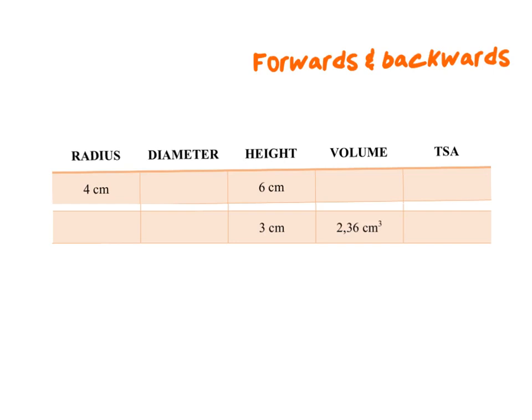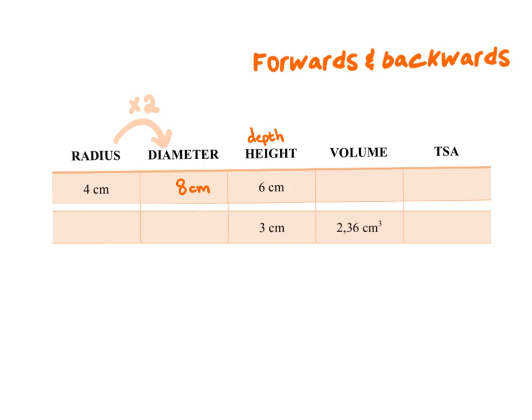So in the first question, the radius is given, but not the diameter. And hopefully you know that radius is just half of the diameter, and that the diameter is twice the radius. So if the radius is 4, then my diameter is 8 centimeters. The height is also the depth that makes it 3D, whatever you would like to call it.